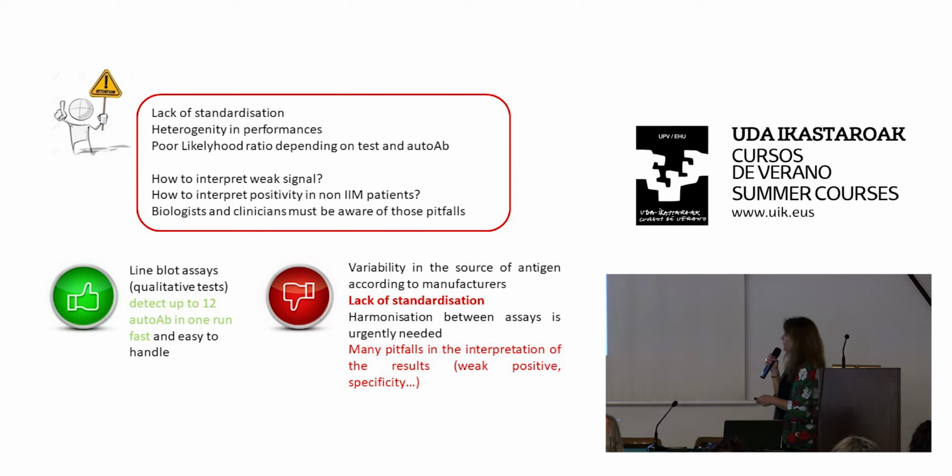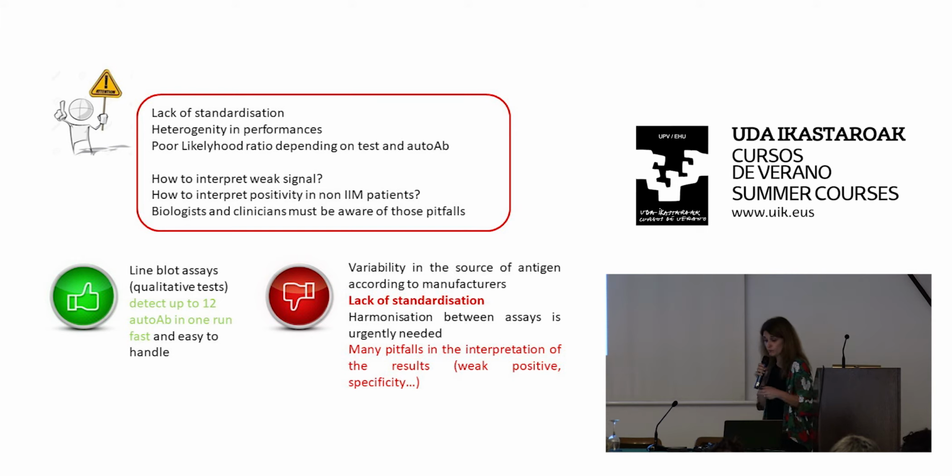So, if I summarize, there is a lack of standardization among manufacturers, as I showed you before, heterogeneity in performance, and so poor likelihood ratios that depend on the tests you use and the autoantibody you want to detect. So it raises a lot of questions that I've already mentioned.